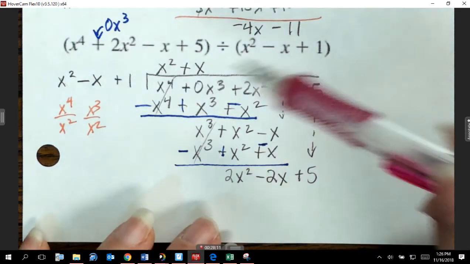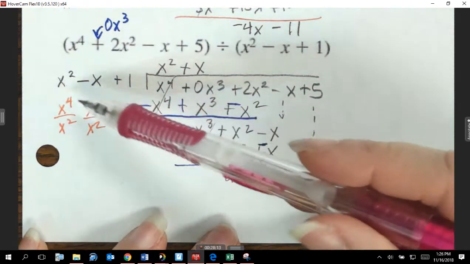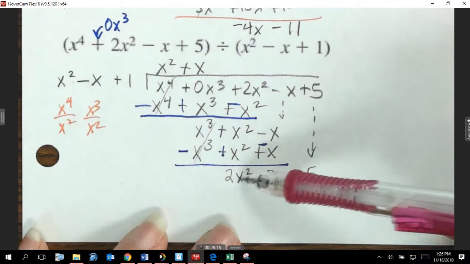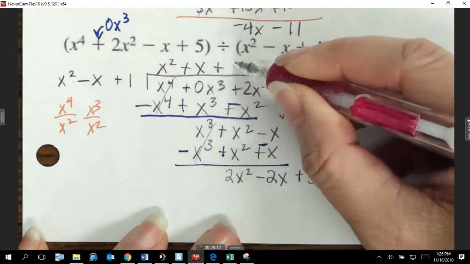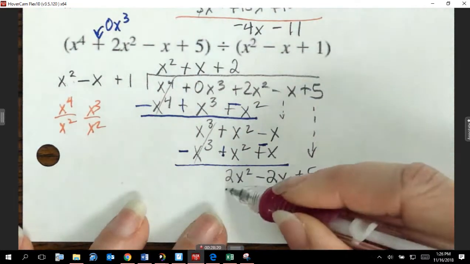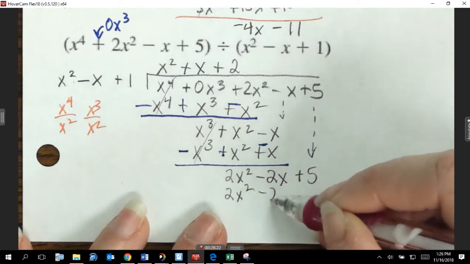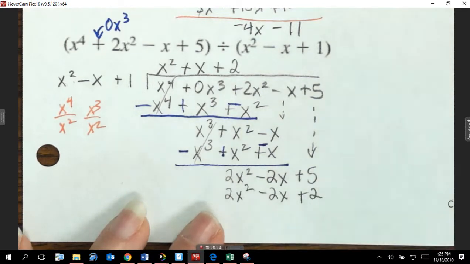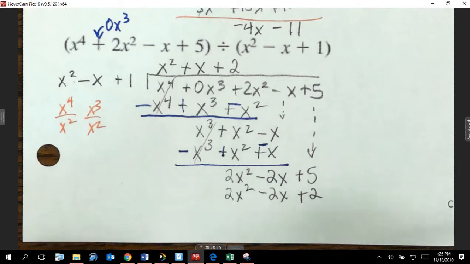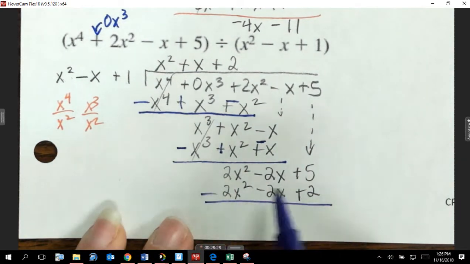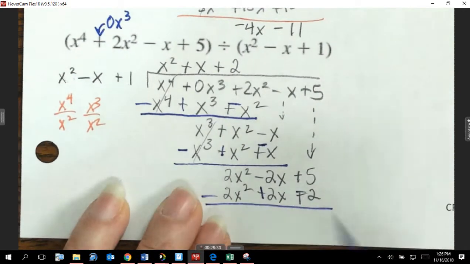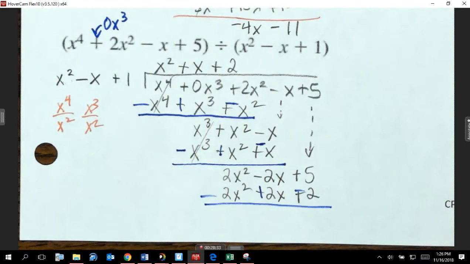Then I'm going to repeat it again because I still have to keep going until I have nothing to bring down. X squared into 2x squared is 2. With 2x squared minus 2x plus 2. Draw the line, change the signs.